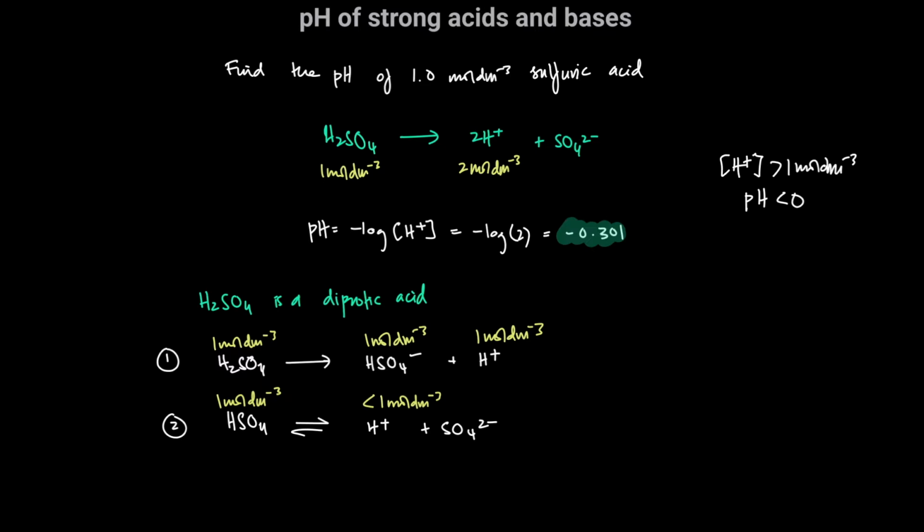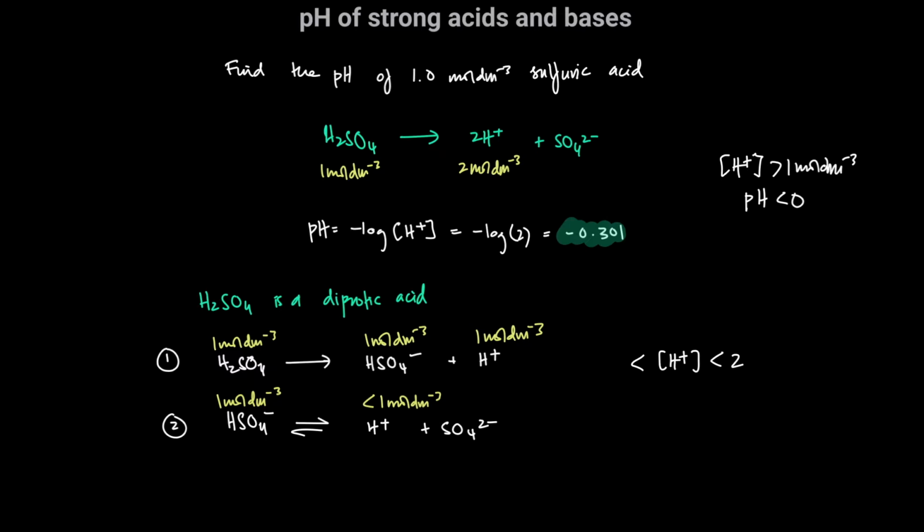because HSO4 minus here is actually a weak acid. So what you realize here is that the total concentration of H plus ions will be less than 2 moles per dm cube and greater than 1 mole per dm cube.